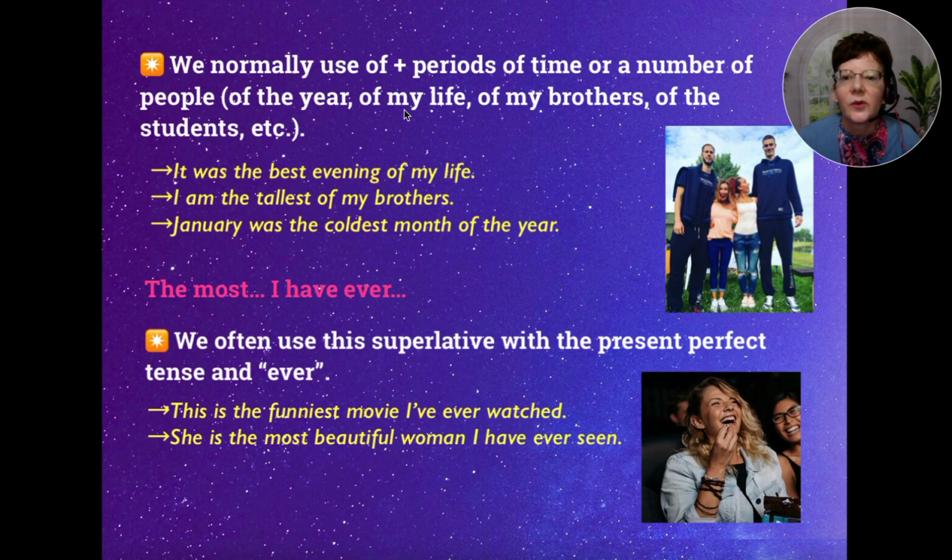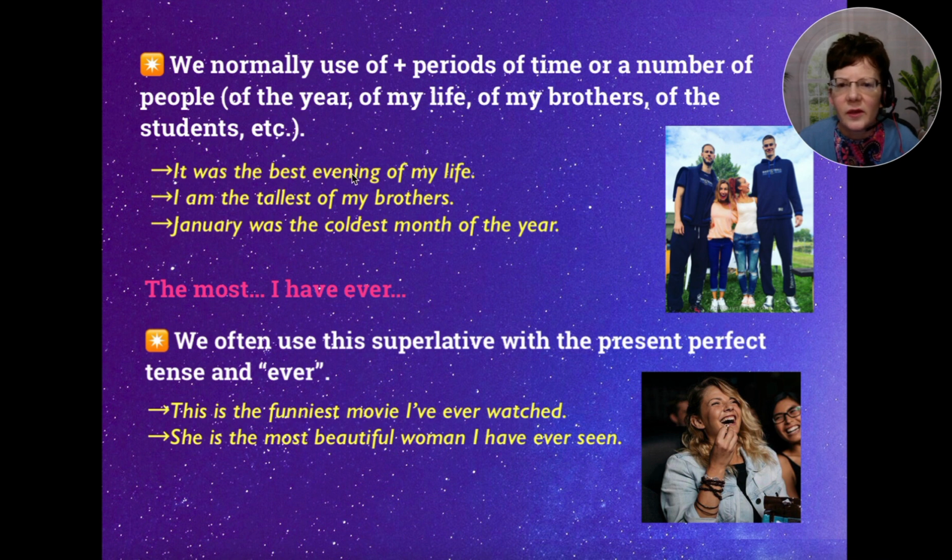Okay, we normally use of plus periods of time or a number of people. For example, of the year, of my life, of my brothers, of the students, etc. So, for example, it was the best evening of my life.